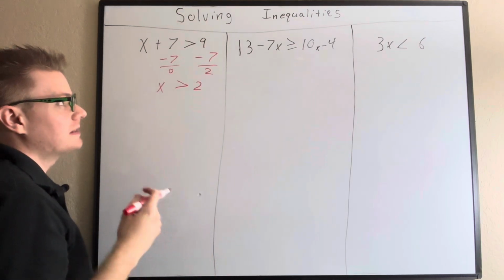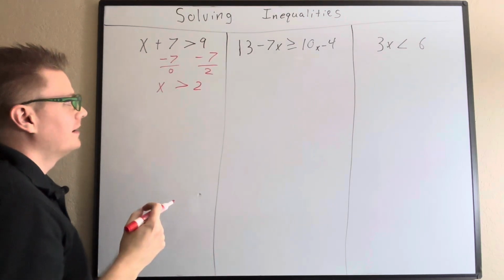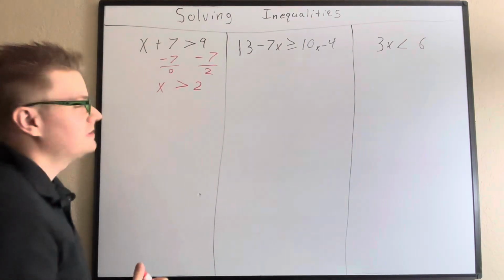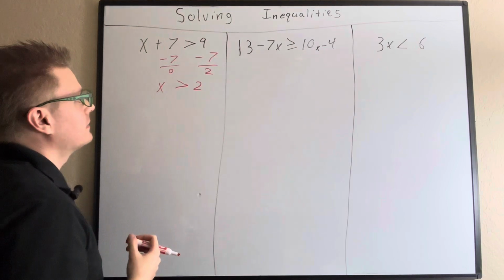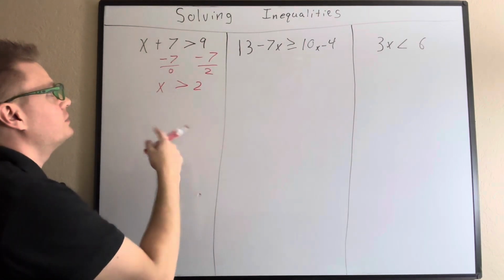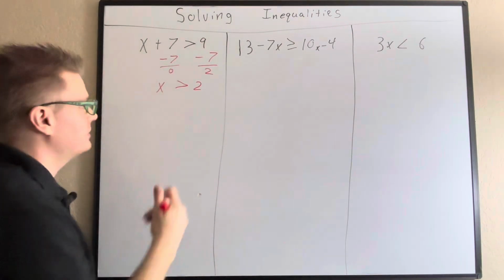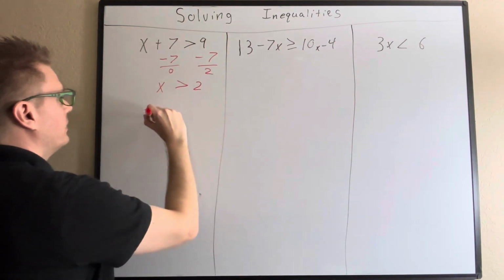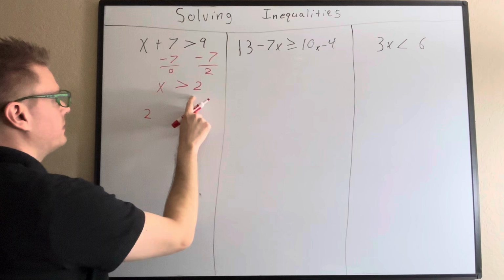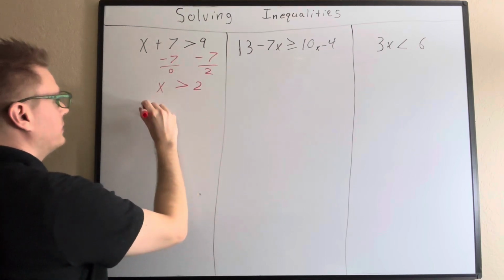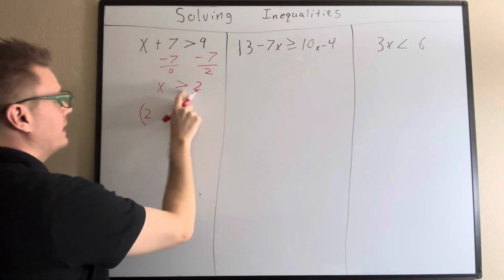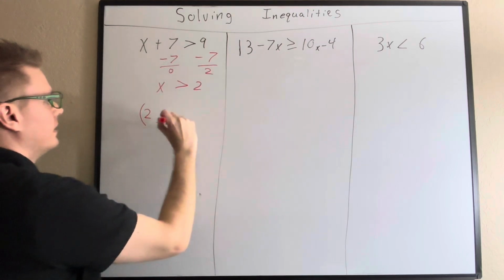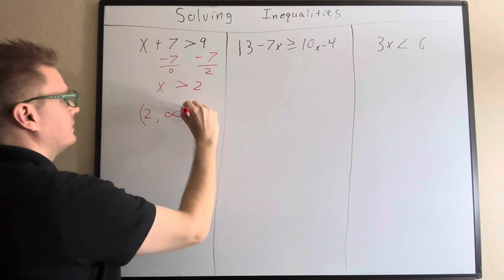But just to be on the safe side, let's practice writing things in interval notation, because sometimes you'll get a problem like this and they'll ask you to express your answer in interval notation. Just as a refresher, what is interval notation? Well, we've got the number 2 here, and we're not including it. And x is greater than 2, so we want the parenthesis on the left, and we want to go to positive infinity.